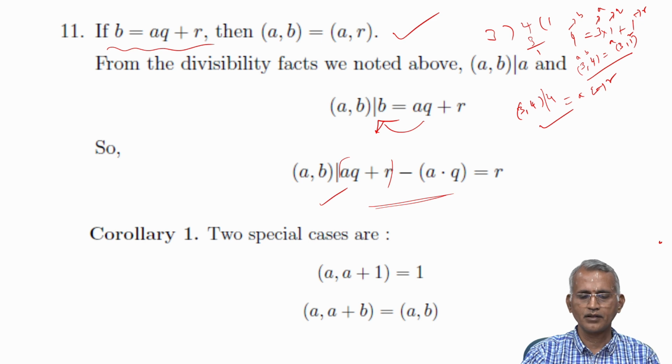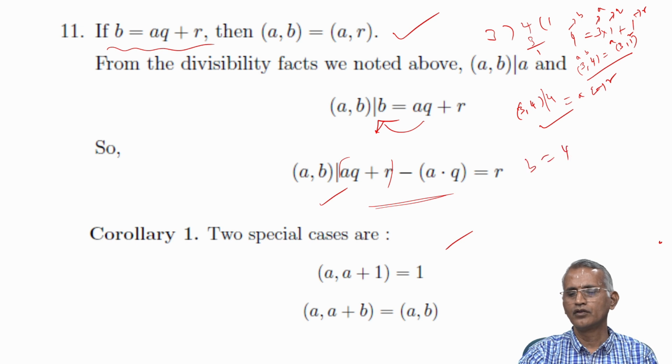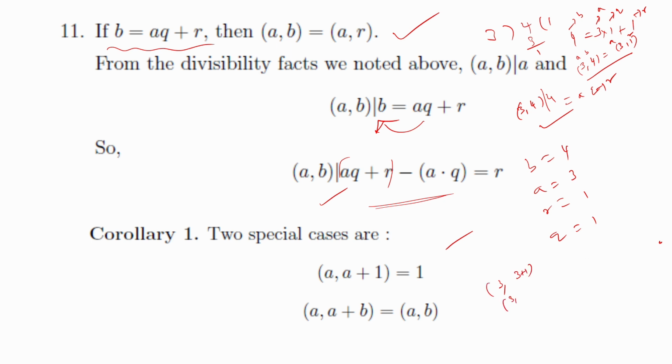Now, we have some special cases. Here B equal to 4, A equal to 3, R equal to 1, Q equal to 1. A is 3, and 3 plus 1 is 4, and definitely the GCD is 1.